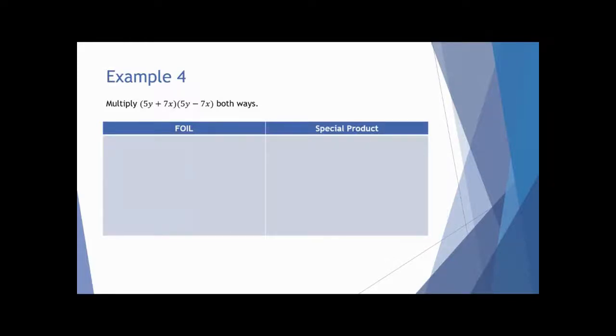Because these are the same, they just have different signs, this is going to be the sum and the difference. So I'm going to just highlight there so you can see the yellow and the green. And then I'm going to write the pattern again.